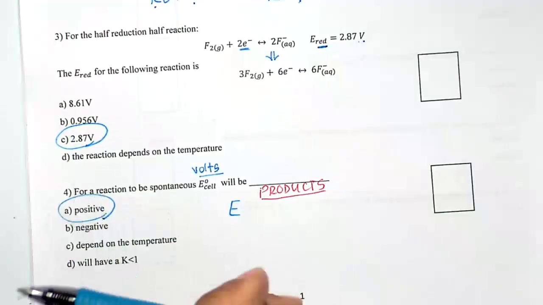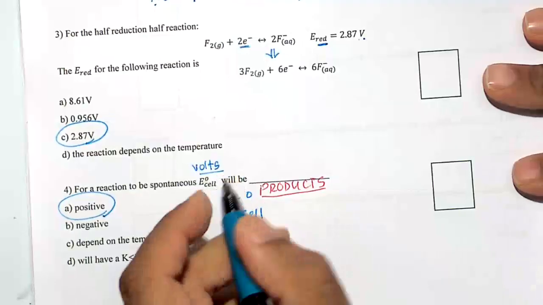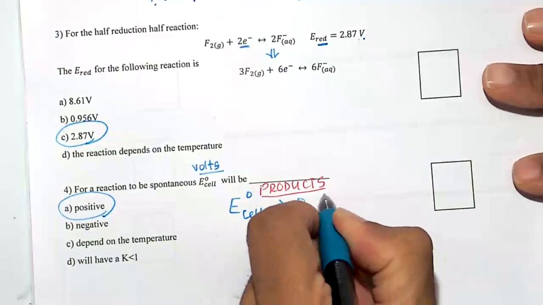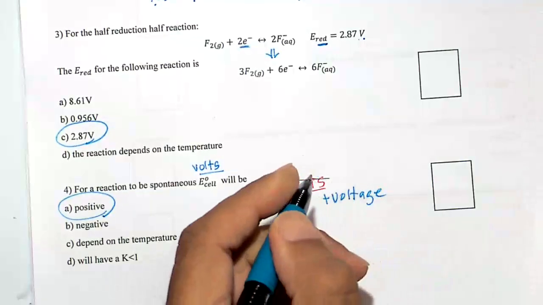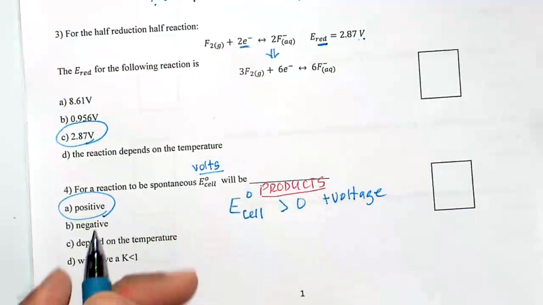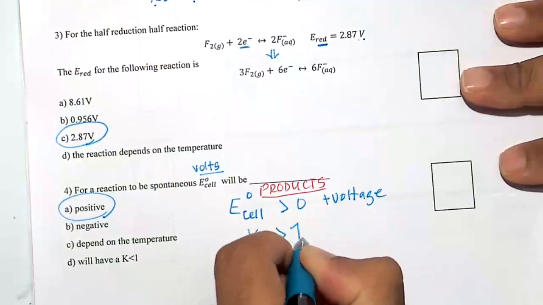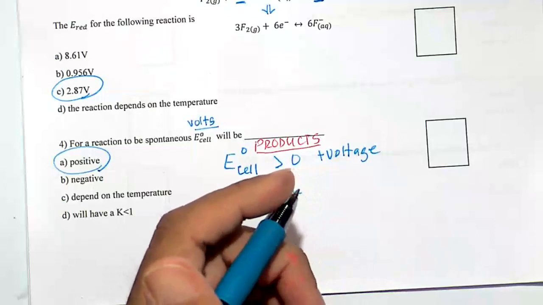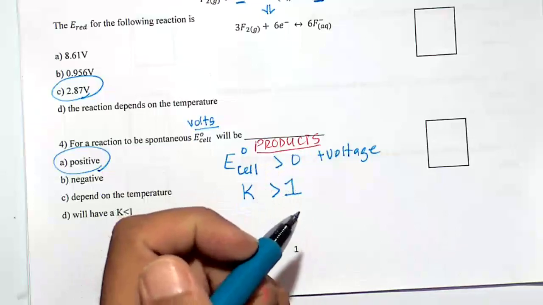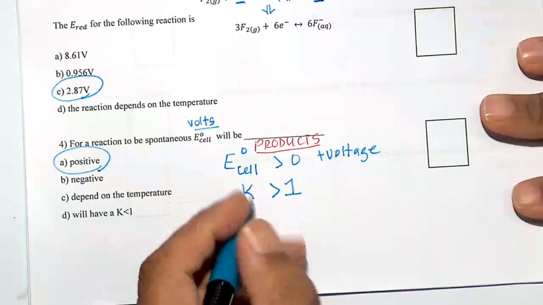If you want a reaction to favor the products, the E cell, which is the anode and the cathode, must be positive. So that's a positive voltage. All our batteries run on positive voltage, isn't it? If you're talking about equilibrium, the equilibrium constant should be very large. Remember, if you have $1 million, you're moving forward. So if a reaction has an equilibrium constant in the millions, it means it's moving forward, favoring the products.